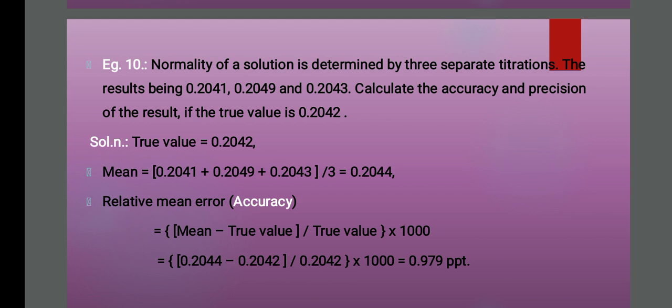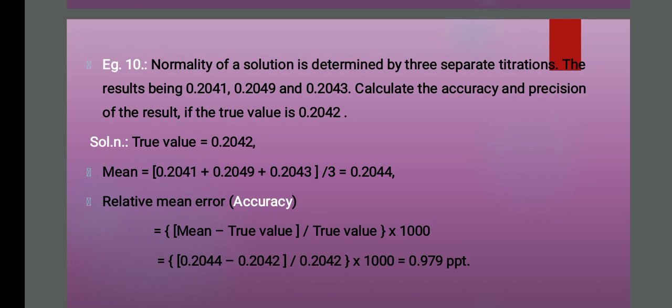The formula for relative mean error is mean value minus true value, divided by true value, into 1000, because relative mean error is calculated only in the form of ppt, that is parts per 1000. So in the formula we use the term 1000.